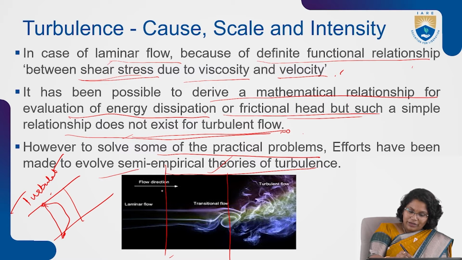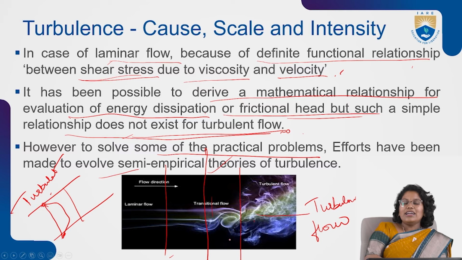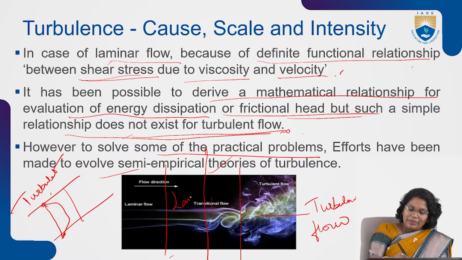This small portion is getting changed into a transition state. See, this is how your complete flow gets into the form of turbulent flow. This is the transitional state, changing from laminar to turbulent, right?